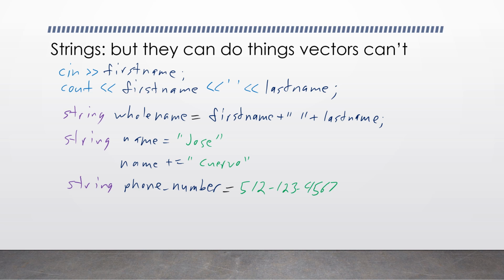I have to erase these dashes for this to work, so I'm going to just not put them in the first place. 512123456, and if I want to now manipulate that as a number, I can do int S2I phoneNumber.